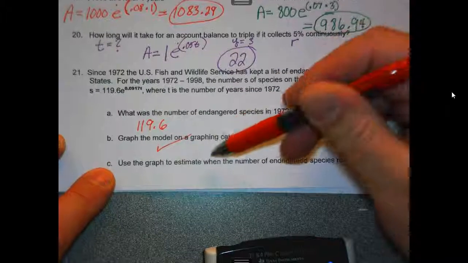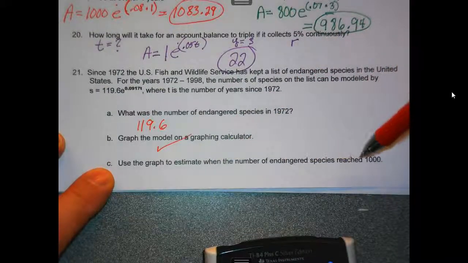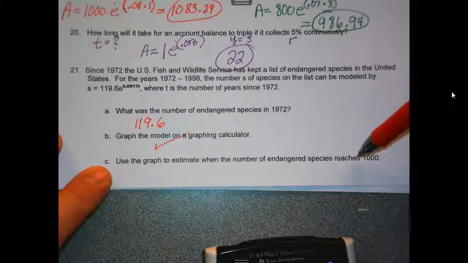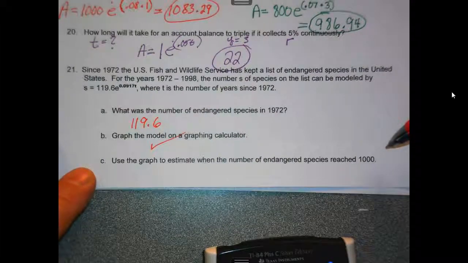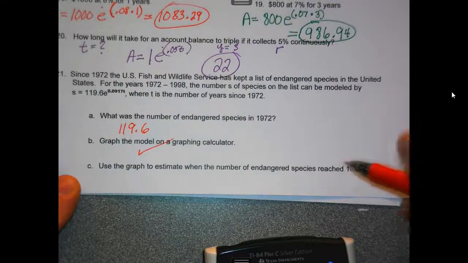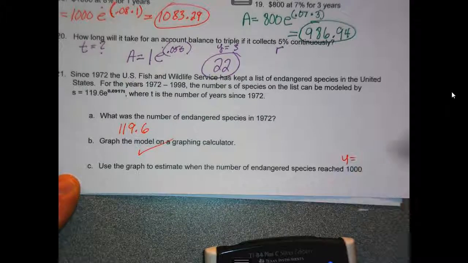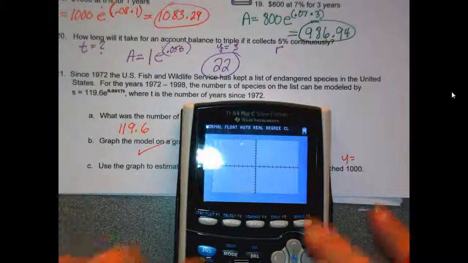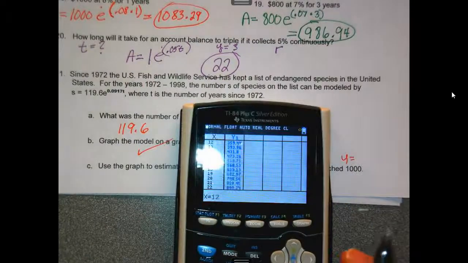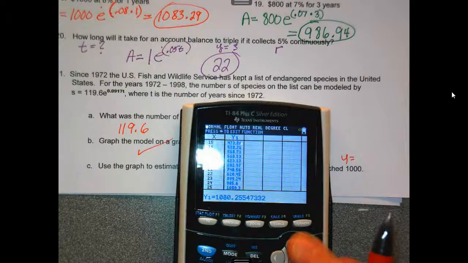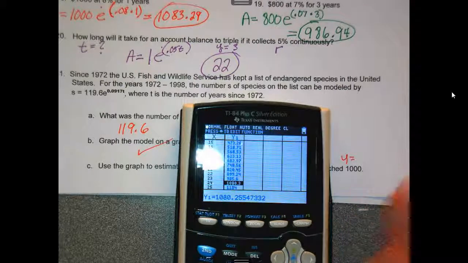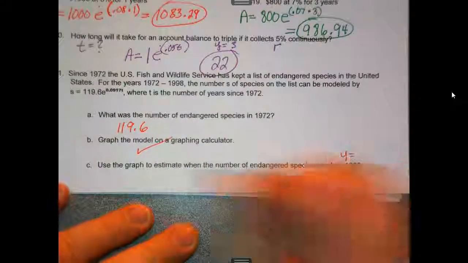Use a graph to estimate when the number of endangered species reached 1,000. So again, I got to look for Y equals 1,000, right? Go to your table. Down, down, down, 1,000. Oh, 24. So 24 years.